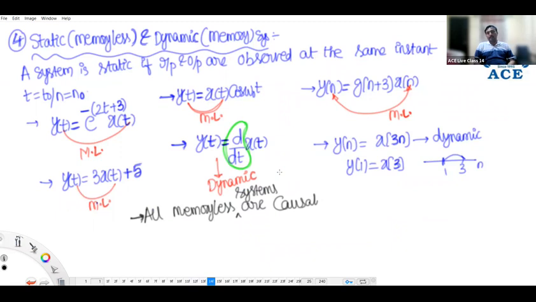Because causality also expects the same condition as static: present output depends on present input, with no extra past inputs. So once the system is static, automatically it is causal. All static or memoryless systems are causal.